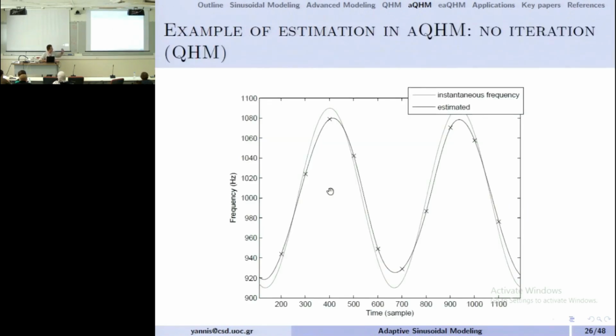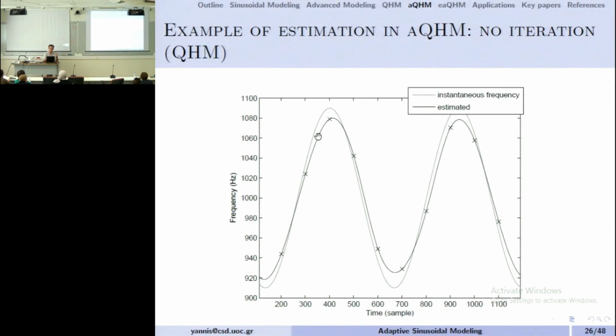And here is graphically again an example. Imagine that this line here, if you can track it, goes down, then goes up, is the instantaneous frequency of the signal that we analyze. And we have done some estimations which are not so good in some points, but in some points they are good, and this is the other line, the one which contains these crosses.